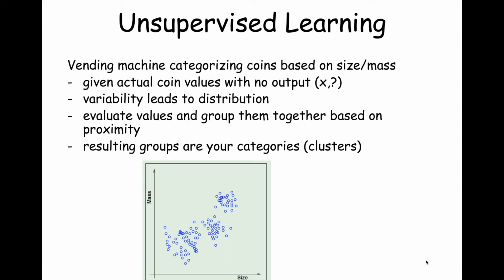So you then say, okay, well, I'm going to assume there are two groups, and I'm going to measure the pairwise distances between these, and those that are closer together I'm going to put in one group, and those that are closer to one another I'm going to put in the other group. Things that are far away from one another I'm going to assume they're in different groups. And so now you're assigning them to different groups.